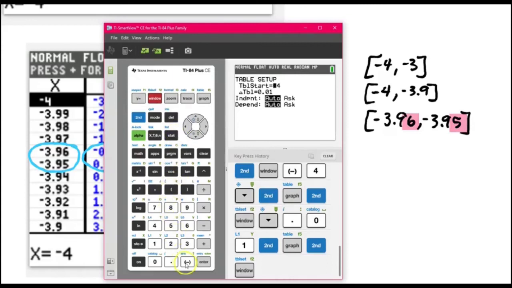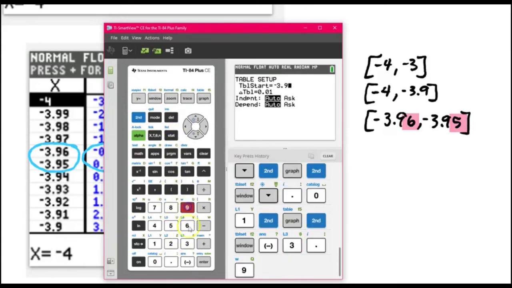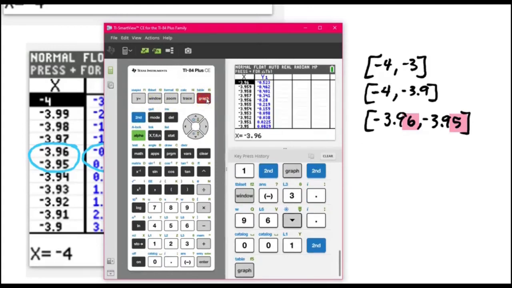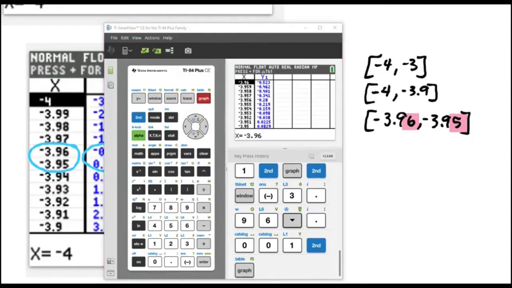This time I want to start at -3.96, and I want to make the change in my values even smaller, so it'll be 0.001. And let's go to the table, and once again we're looking for a change in Y values having opposite signs. So let's get a screenshot so we can look closer again.